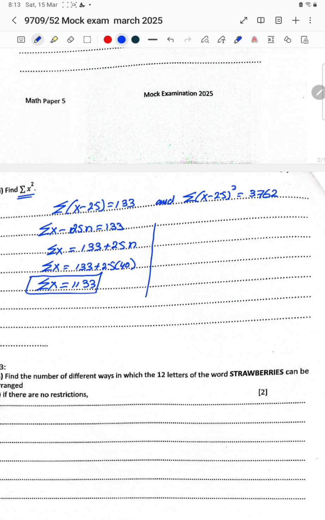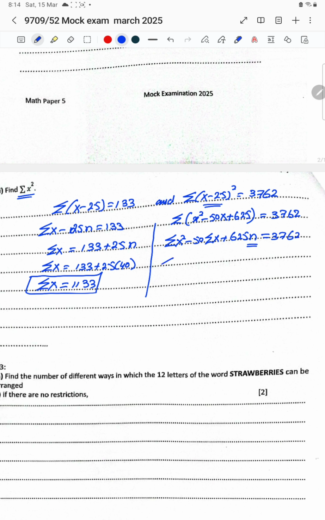Similarly, we can expand this as well, and it will be the summation of x square minus 50x plus 625. I just expanded this identity, a minus b whole square, and now I will apply a sigma. It will be sigma x square minus 50 times sigma x plus 625 n, because with the constant, sigma comes to be n, equal to 3762.